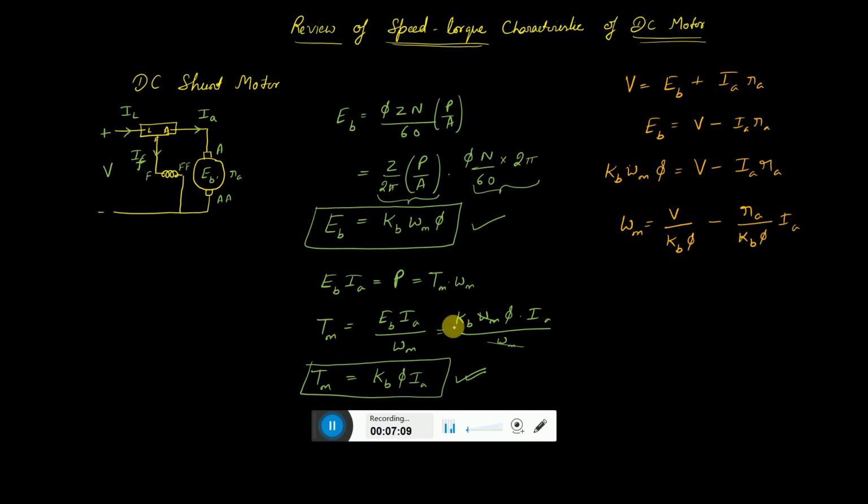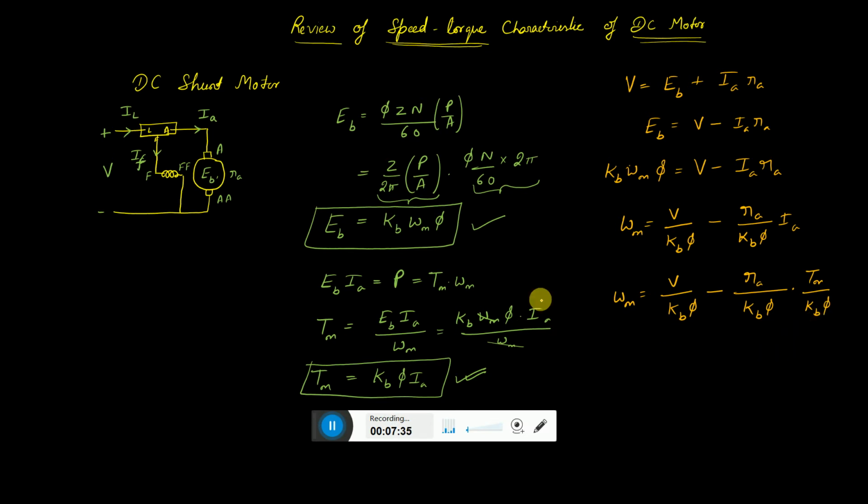Now Ia can be replaced in terms of torque. So we can write here omega m is equal to V by KB phi minus Ra by KB phi, where Ia is replaced as Tm by KB phi.